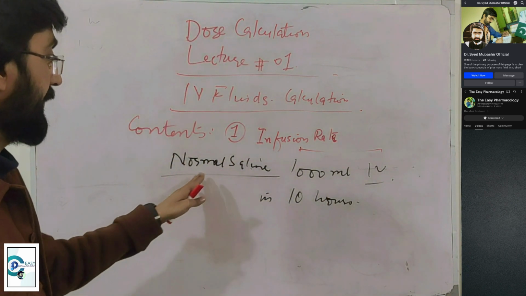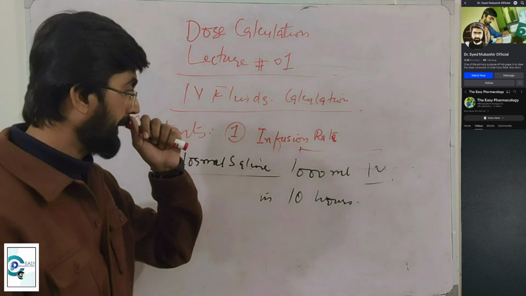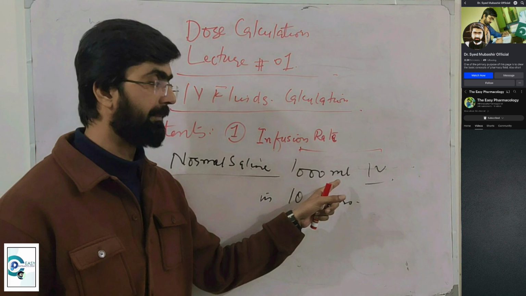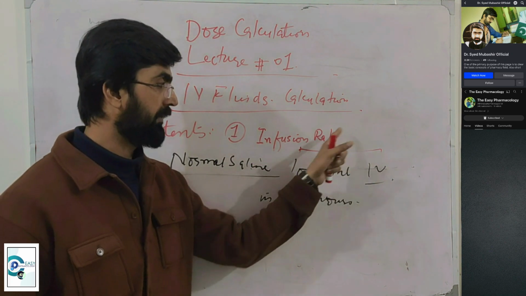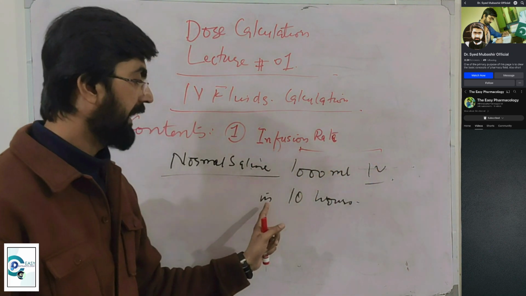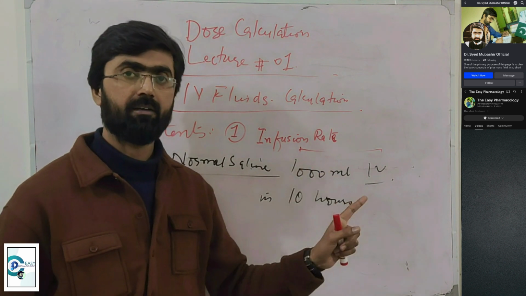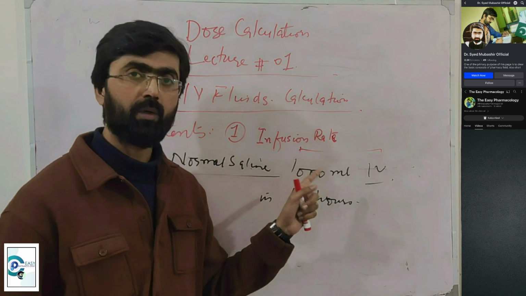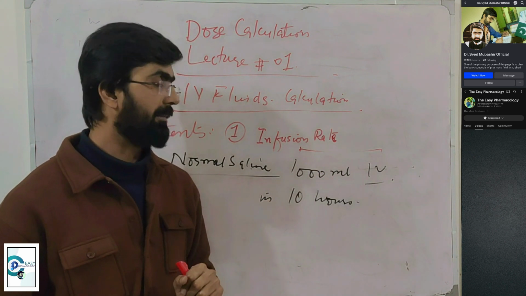Here see the prescription or the order of the doctor. The doctor says that you have to infuse 1000 ml of normal saline, the route is IV, and over 10 hours. In 10 hours you have to complete this quantity of normal saline.